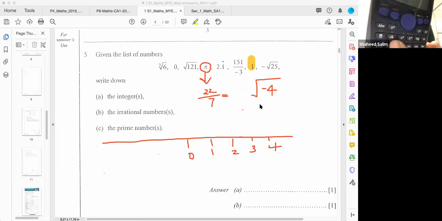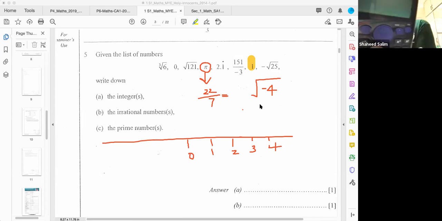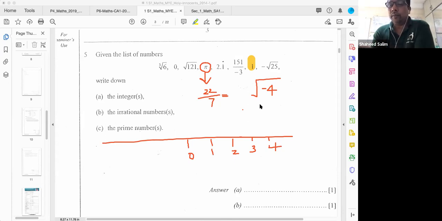You press this sign, it will appear. Then put inside now, let's say negative. You can press the negative sign. -4. Like this. Can you try to find? Press equal after that.